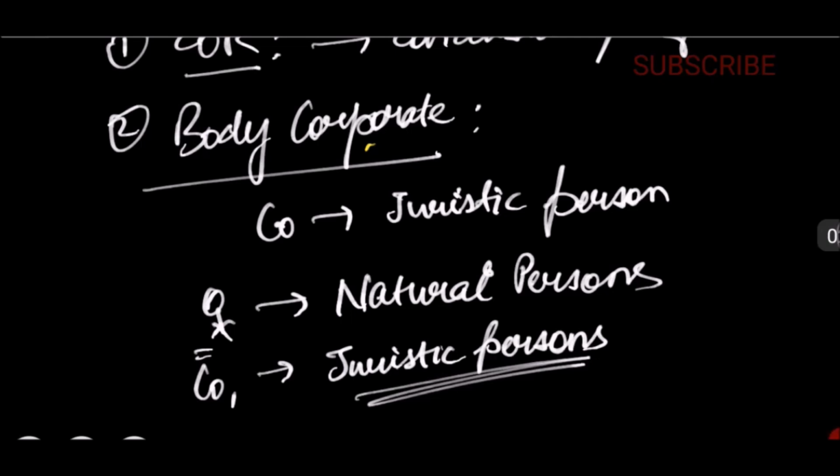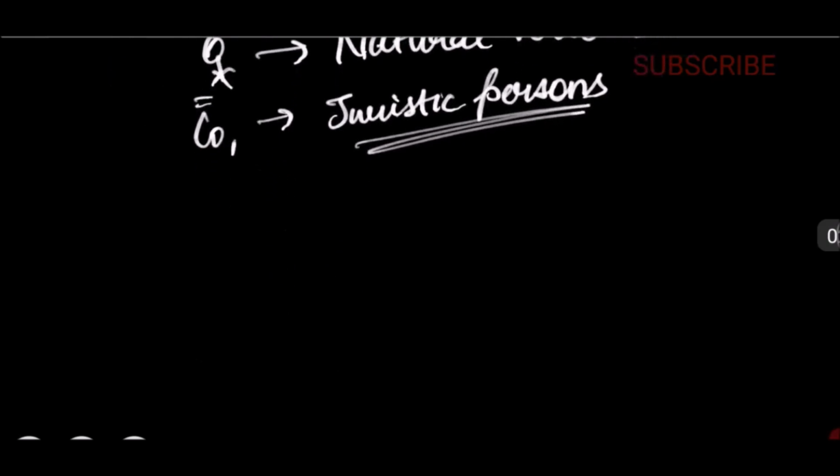So this is called juristic person. A trade union is formed by an association of workers, but it is distinguished from its members. That is, it has a separate legal identity. It has its own entity and identity.